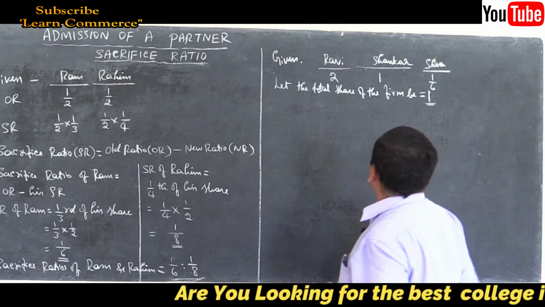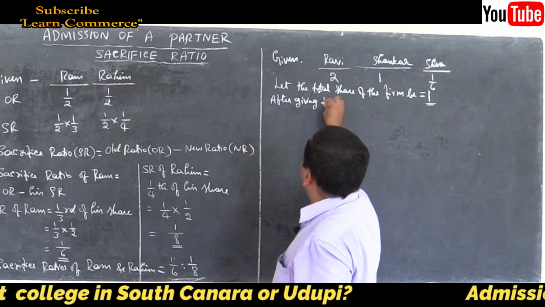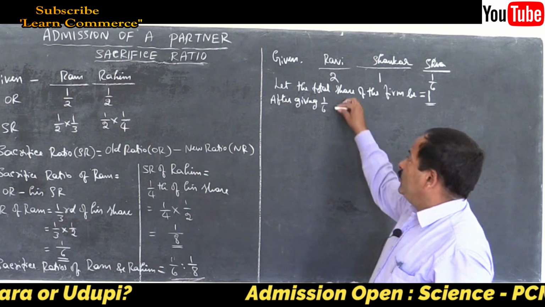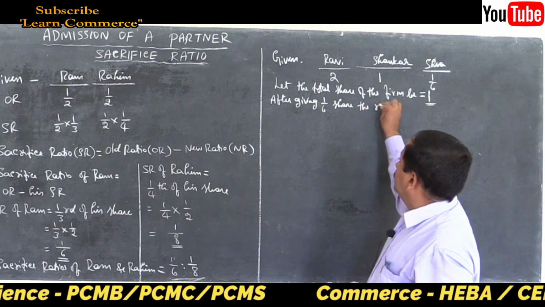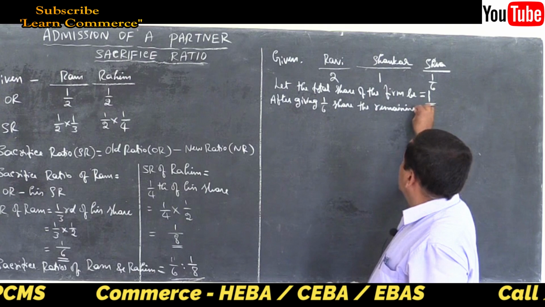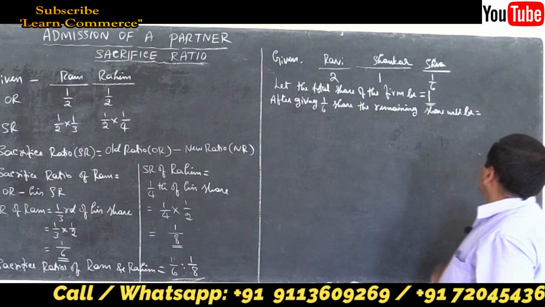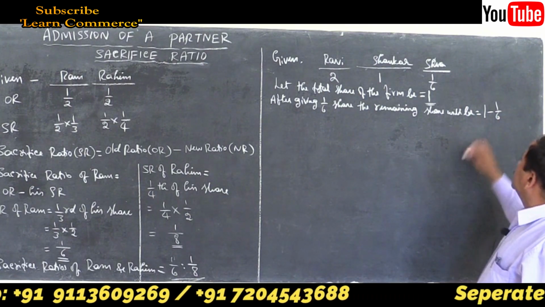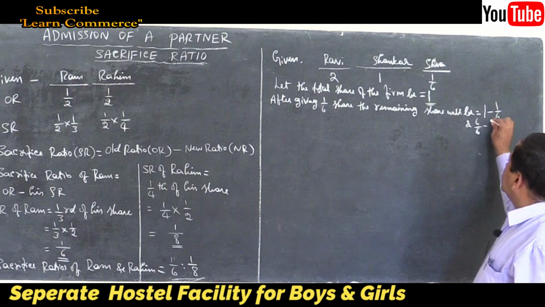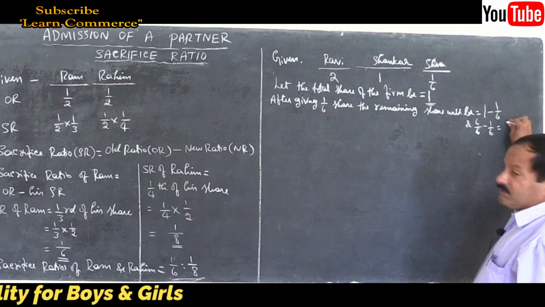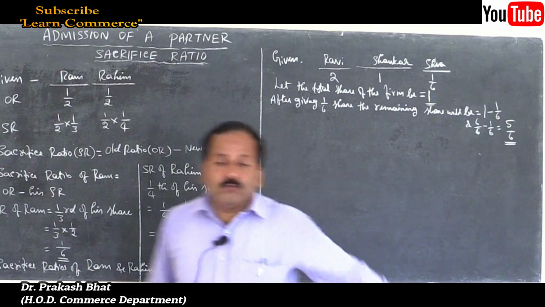After giving 1/6 share, the remaining share will be 1 minus 1/6 or 6/6 minus 1/6 is equal to 5/6. This is the remaining share, remember. That is what they told.